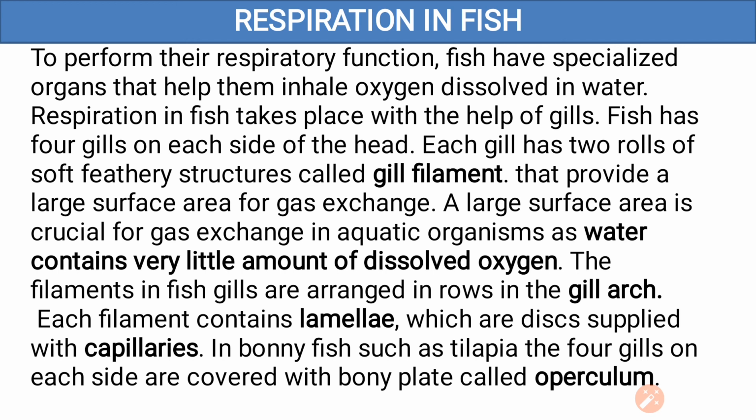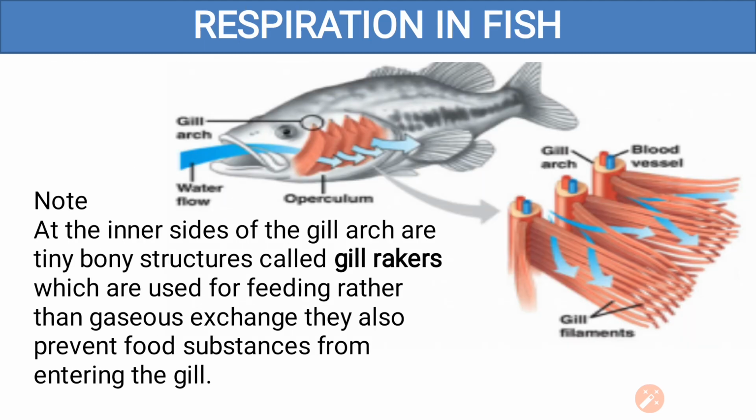Each filament contains what we call lamellae, which are discs supplied with capillaries. In bony fish such as tilapia, the 4 gills on each side are covered with a bony plate, which we call the operculum. Alright, so this is the structure we're talking about.